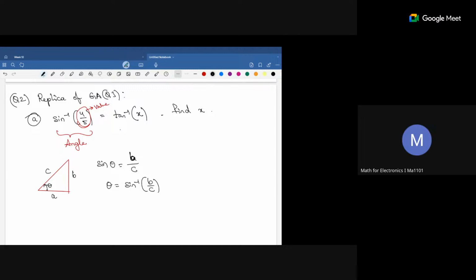So now B value you can consider as 4, C value you can consider as 5. Sorry, this won't be the right angle.